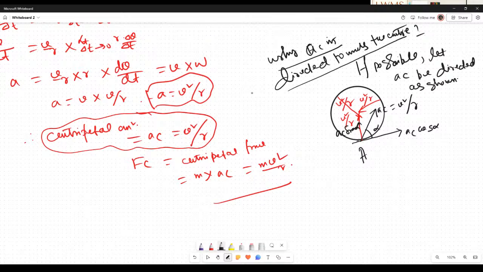So AC cos alpha will not allow it to maintain the constant velocity. Velocity, you said, at every point the magnitude remains the same. Acceleration is due to change of velocity vector. It is going from this point to this point. What is changing? The direction of the velocity vector. Due to change of direction of the velocity vector, there is acceleration.